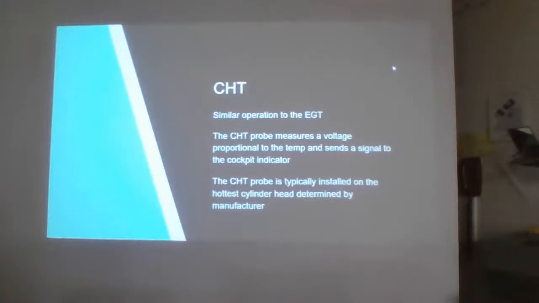And your CHT, similar operation to your EGT. The CHT probe measures a voltage proportional to temperature and sends that signal to the cockpit indicator. The CHT probe is typically installed on the hottest cylinder head determined by the manufacturer.